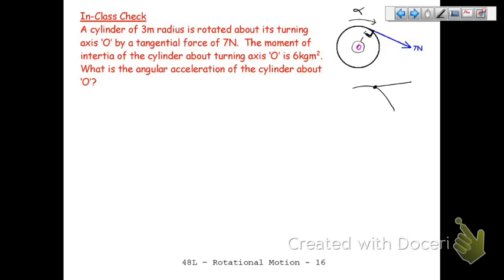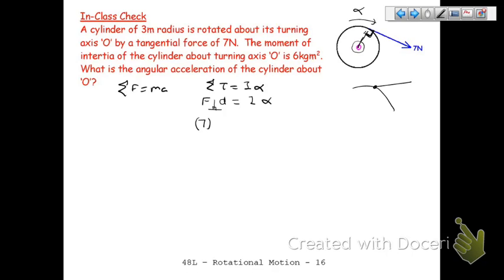But basically what we say is, well, the sum of the forces equals MA linearly, so the sum of the torques equals I alpha. And the torque, of course, well, I know its value, it's the force times the perpendicular lever arm. Let's just remind ourselves with that. And this equals my moment of inertia times my alpha. Well, in this case, I know the force is 7 newtons.